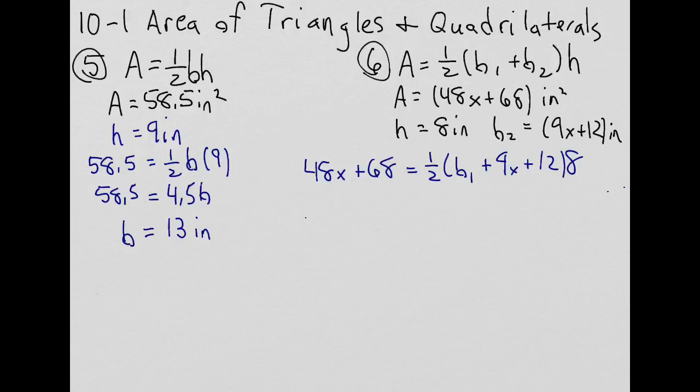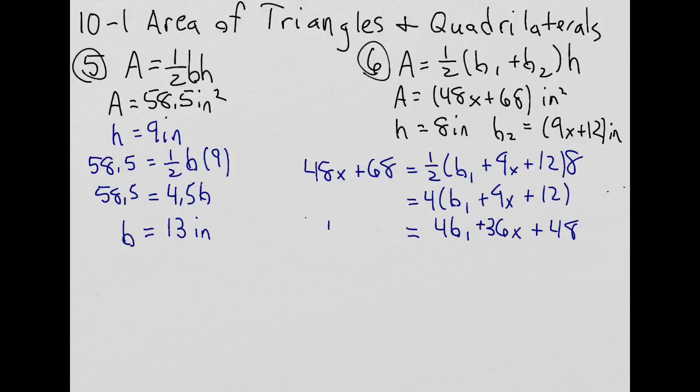And then I'll clean it up a little bit. So it's 4 times base 1 plus 9x plus 12. And now I'm going to distribute through with that 4. So I get 4b1 plus 36x plus 4 times 12, which is 48.